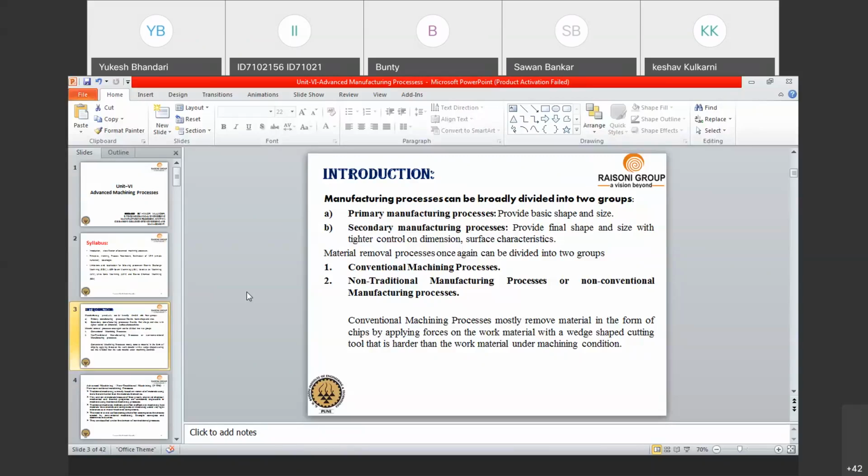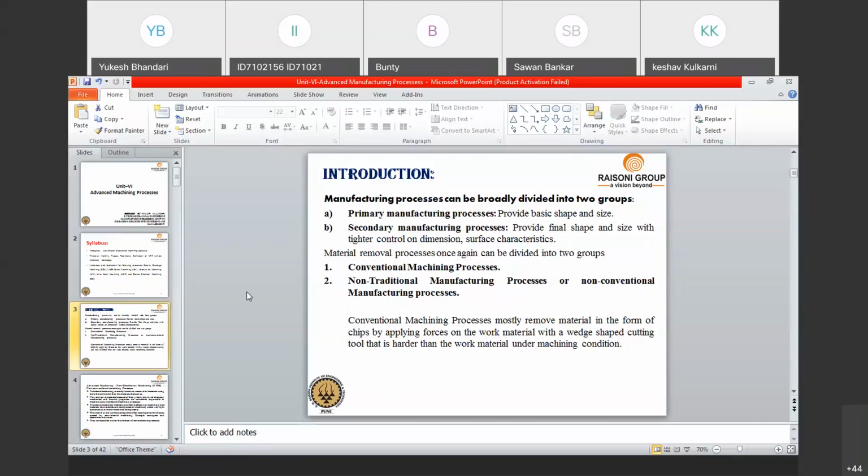Till now you have seen conventional machining processes like turning, drilling, milling, shaping, etc. All these are conventional machining processes. Now we will start with a new category, which is non-conventional manufacturing processes, also known as non-traditional manufacturing processes.